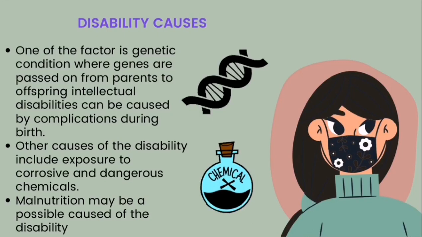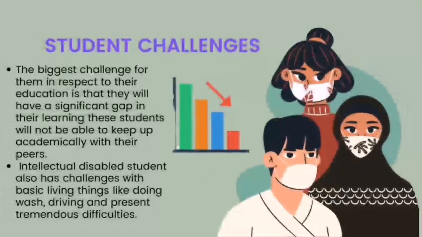And the other cause of disability includes exposure to corrosive and dangerous chemicals. And lastly, malnutrition may be a possible cause of the disability.